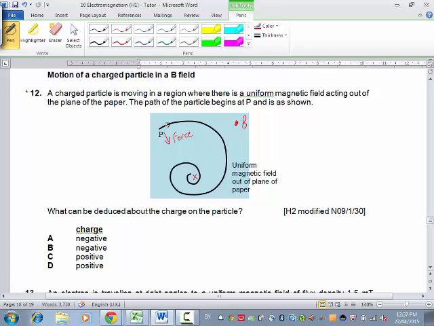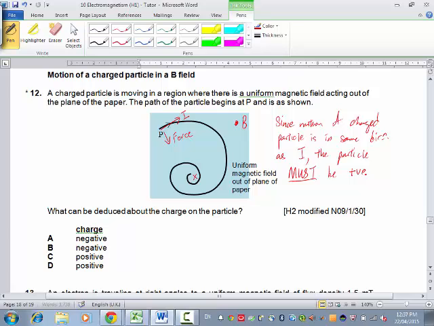Since the motion of the charged particle is in the same direction as I, the particle is positive. The field is out of the page, the question says so.